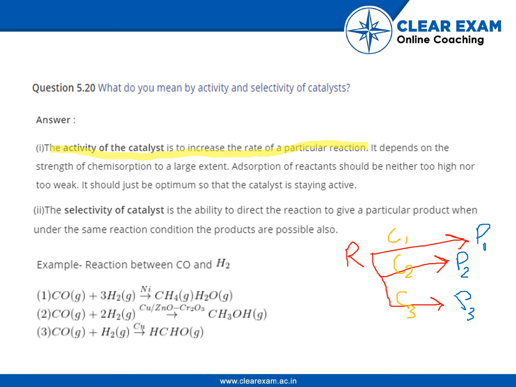If we use the catalyst Ni, we get the product methane, plus water. If we use the catalyst Cu, ZnO, Cr2O3 (chromium oxide), we get the product methanol. If we use the catalyst copper, we get the product methanol.